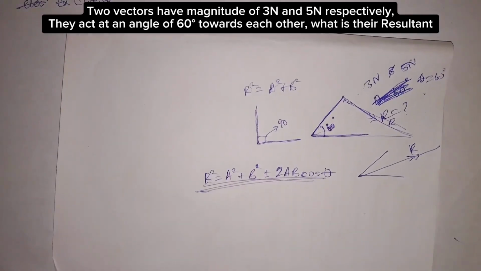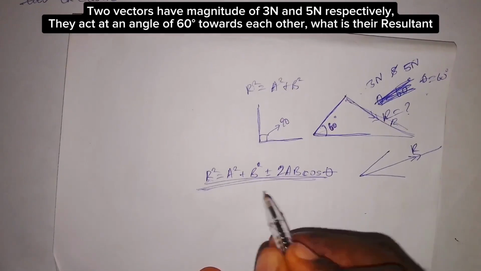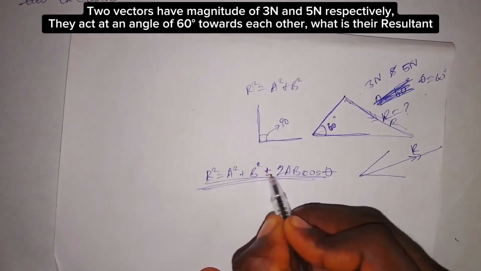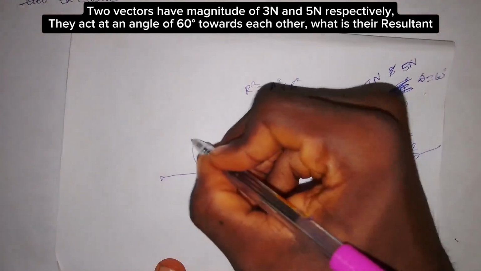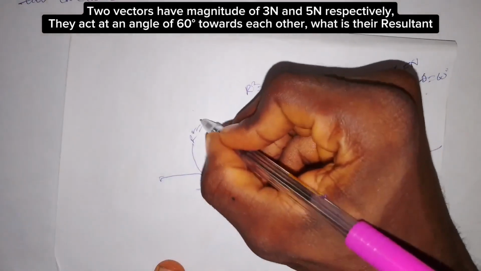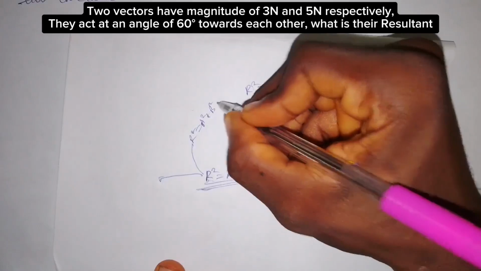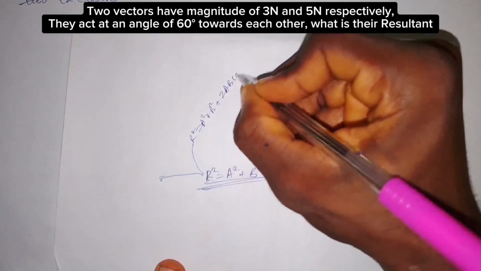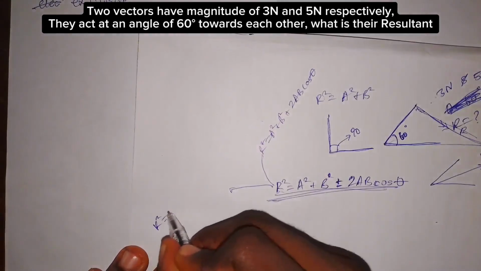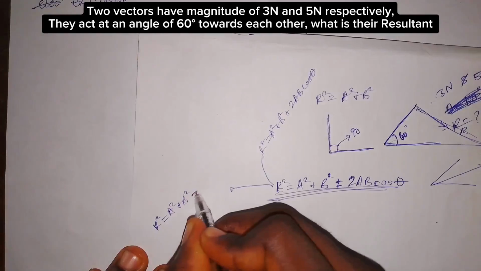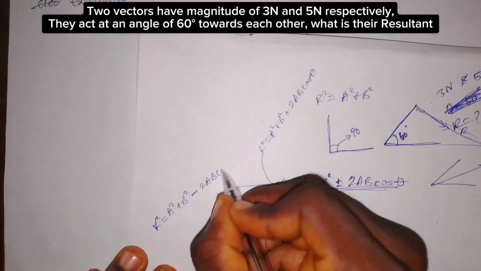In our previous diagonal vector video, this plus and minus, I told you that it means this formula is in two parts. R squared equals A squared plus B squared plus 2AB cos theta, or R squared equals A squared plus B squared minus 2AB cos theta.